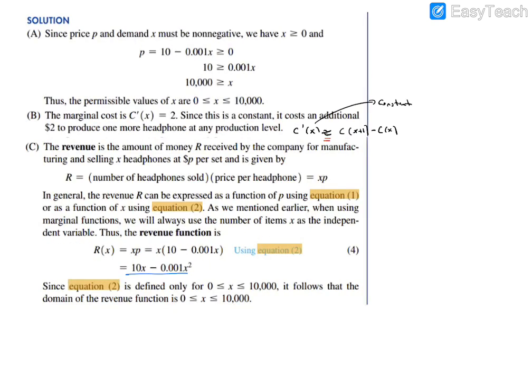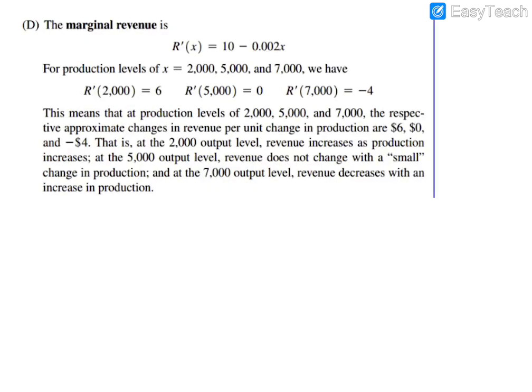Let's look at your textbook solutions. The marginal revenue is that one, as we calculated. So at the point 2000, for example, this is 10 minus 0.002 times 2000. So this is 4, and as a result that is 6. This means it is positive, there is no problem.